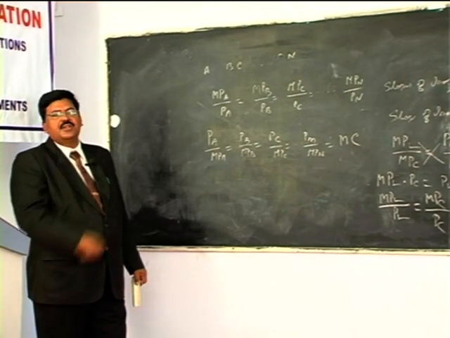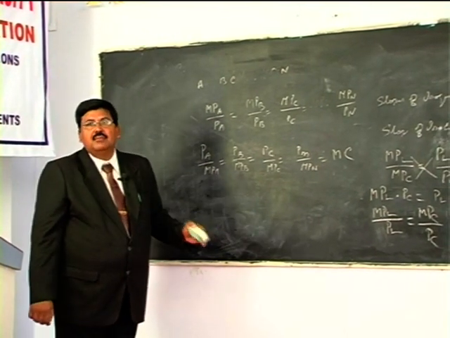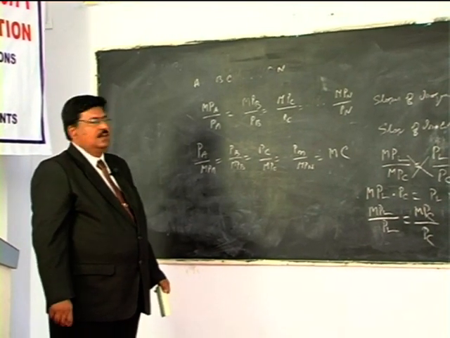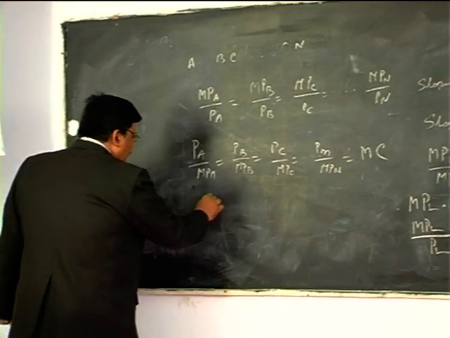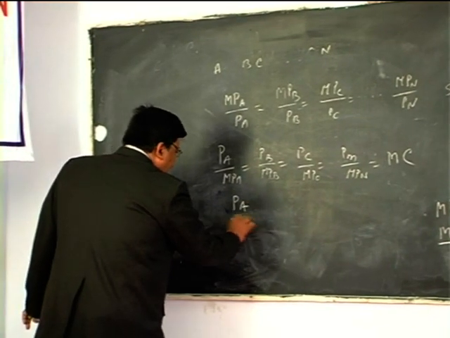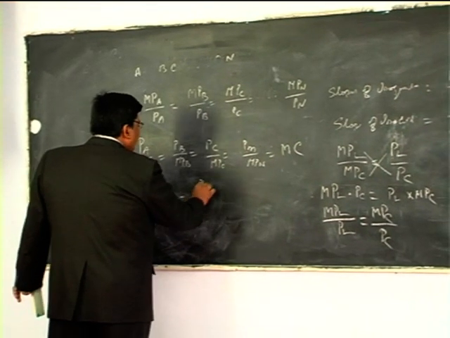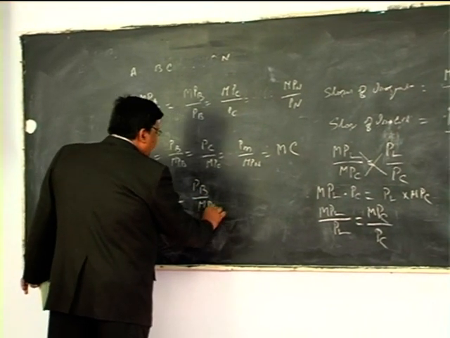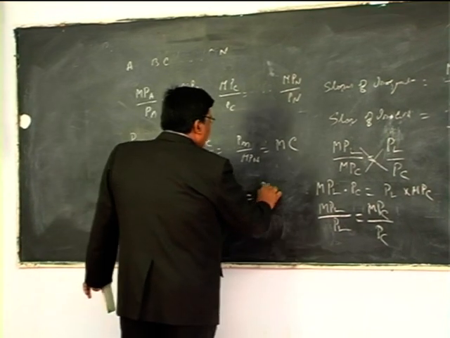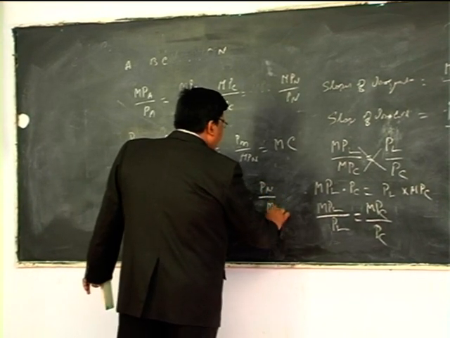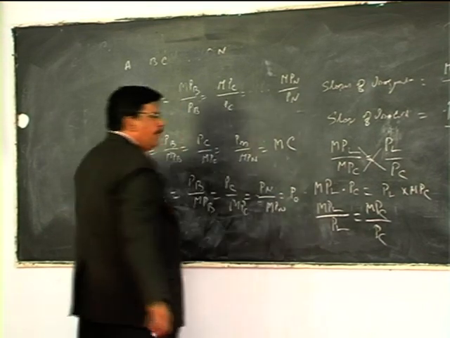In the production with one variable input, we have seen that price of input by marginal productivity gives you marginal cost, and this is equal to PO. So price of A by MPA is equal to price of B by MPB is equal to price of C by MPC is equal to price of N by MPN is equal to PO.